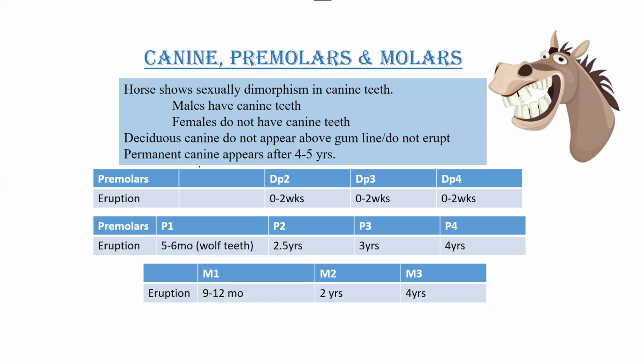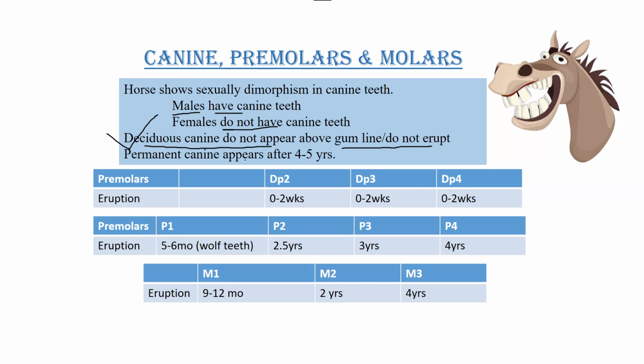So canine, first, horses show sexual dimorphism in canine. As far as canine teeth are concerned, males have canine teeth, but females do not. Then deciduous canine teeth do not appear above the gum line, or do not erupt. This is a very, very important thing. It can be a board MCQ: which class of teeth in equine do not have their deciduous teeth?